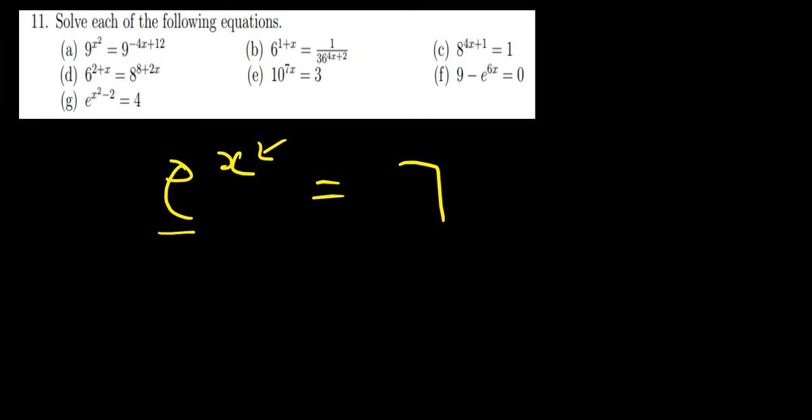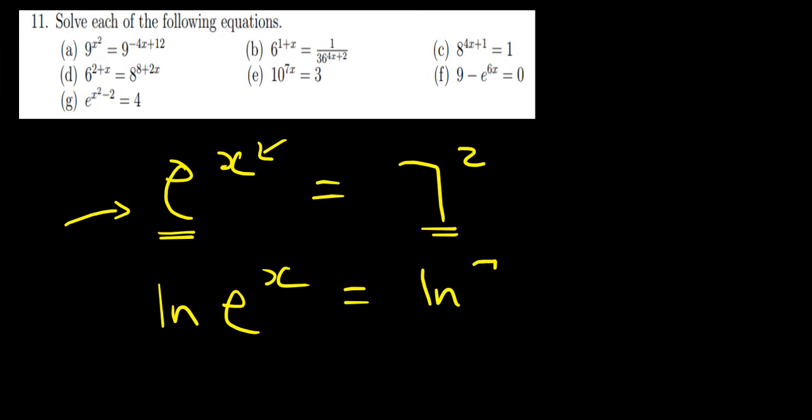So let's put this 7 also to a power, say 7 to the power 2. The base e is not the same as the base 7, and the base here is specifically e. So if you have a base e, just introduce the natural log. It will be ln e to the power x is equal to ln 7 to the power 2.